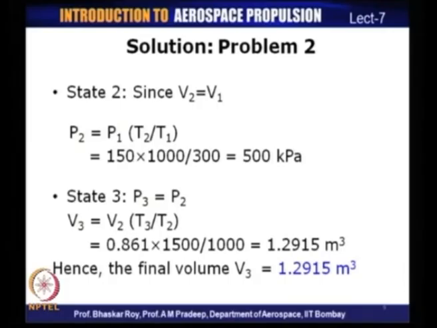Substituting these values, V3 is 1.2915 meter cube. This is the answer to one part of the question, the final volume at state 3, at the end of the process.